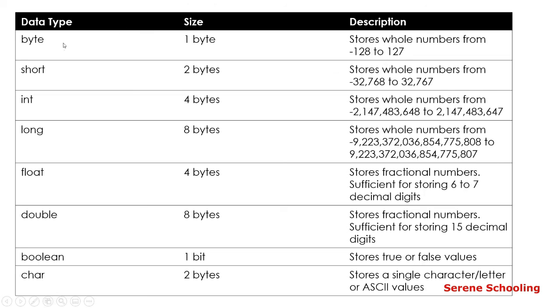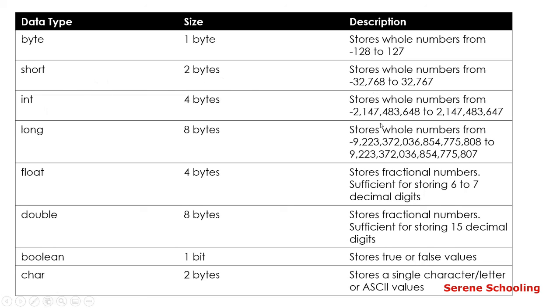Similarly, anything below -128 or higher than 127 can't be stored in a byte. Similarly, the short data type also has a range. You can see it from here: -32,768 to 32,767. So that's the range of a short.